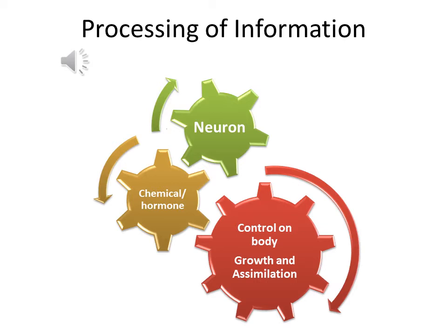The cell wall or cell membrane itself can take decisions. But as far as multicellular organisms are concerned, this decision making system must be present in the body, and this system is called the control and coordination system.